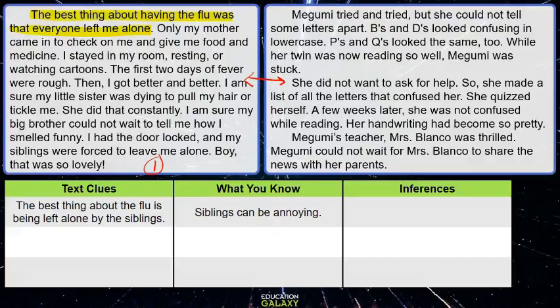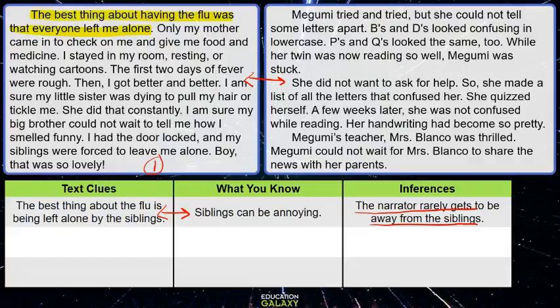So let's put these two together to make an inference, which is the narrator rarely gets to be away from the siblings. If the narrator, who is also the main character, has to wait to get the flu to be left alone from the siblings, he or she probably gets too little alone time away from siblings. Yay, we made our first inference!